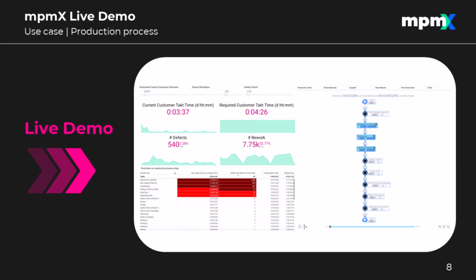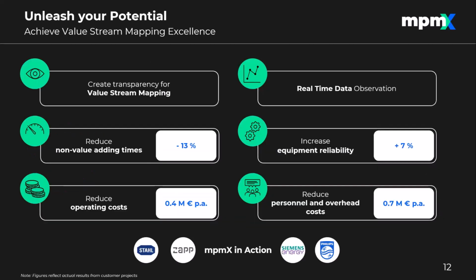I hope this demo helped to get a quick look at our solution and how we can improve our production processes and what advantages it has in comparison to the traditional approach. Right here, all of those advantages are summed up again, even with results of what we achieved at our customers.